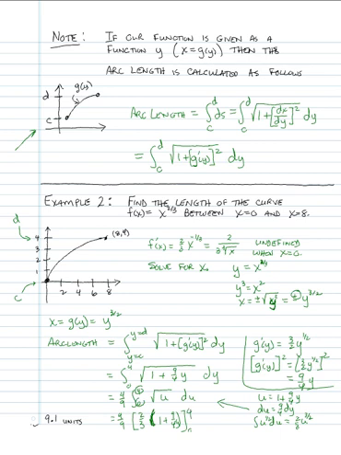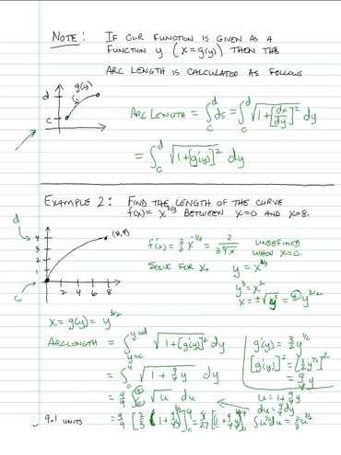We can factor out the 2/3, and that gives us 8/27, and so we're evaluating 1 plus 9/4 y from 0 to 4, all to the power 3 halves.